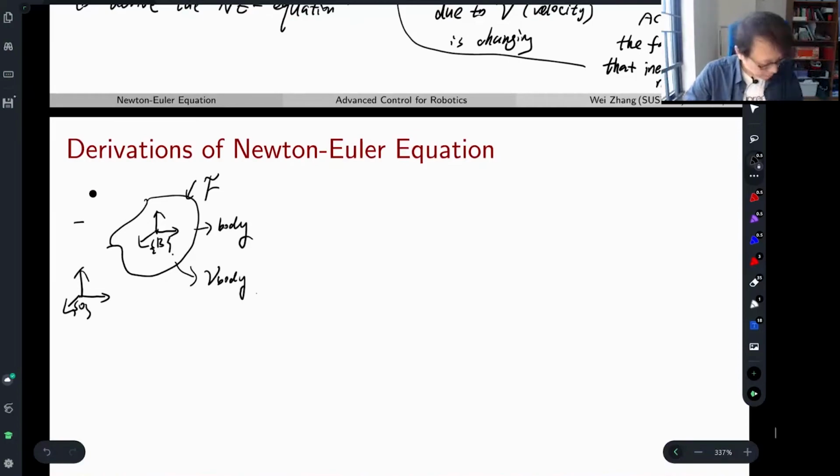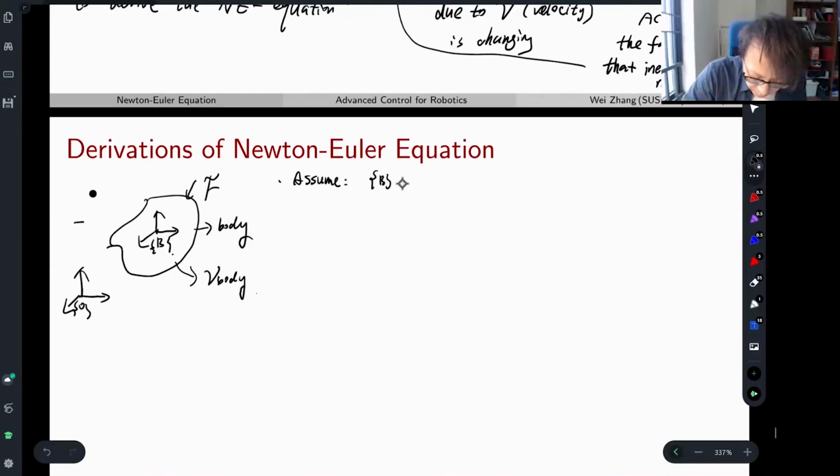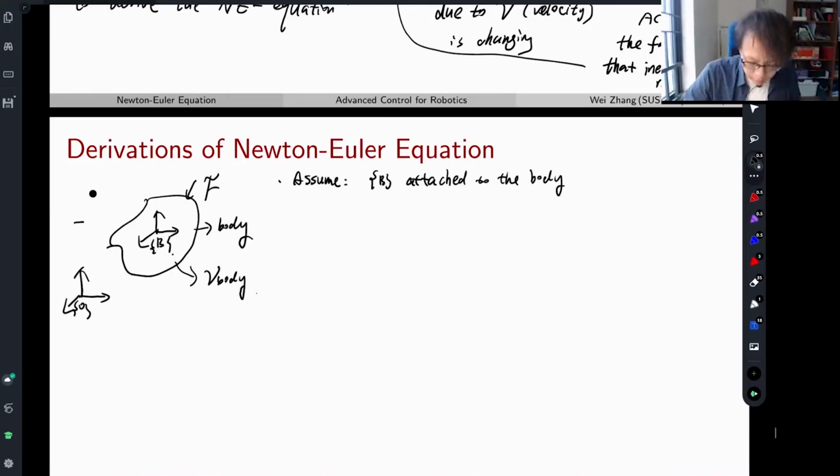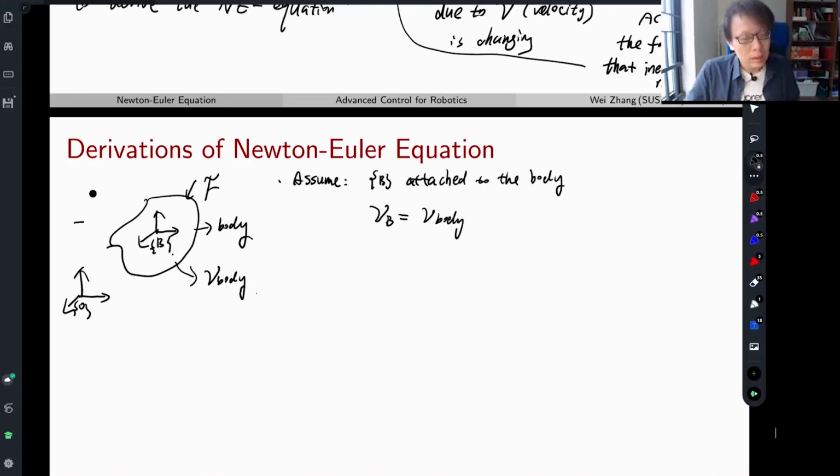Let's assume frame B is attached to the body. What does this mean? B is part of the rigid body. It moves exactly the same way as the rigid body. That means V of B equals V of the body because they are the same body now. I hope you can get that part.